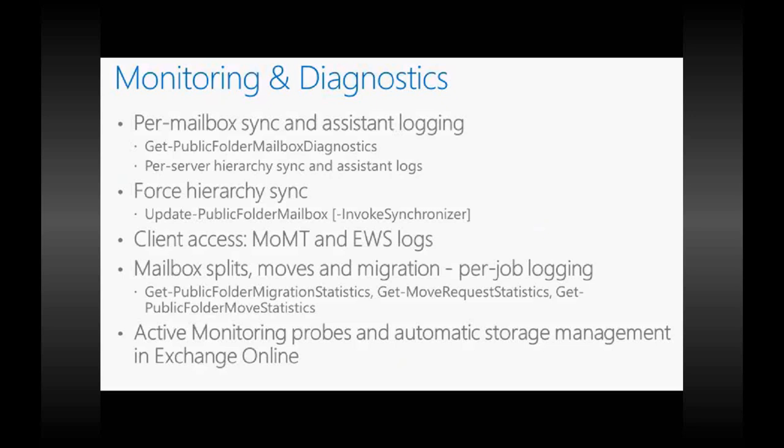We've got the MRM and we've got the EWS log files, so they will be in the logging directories, and we can access those and see what kind of logging or any issues may have been recorded in there.